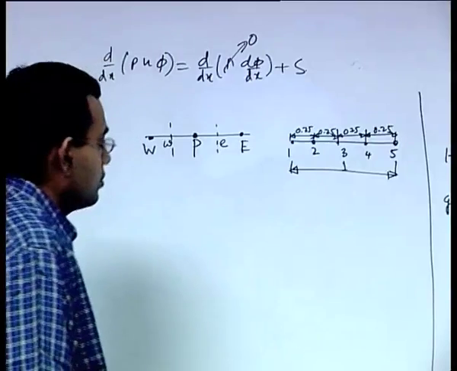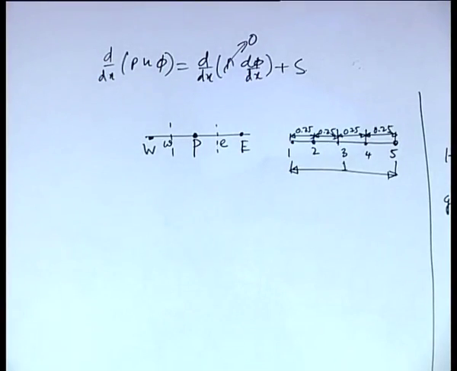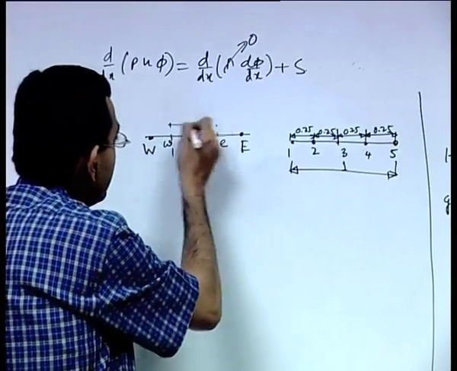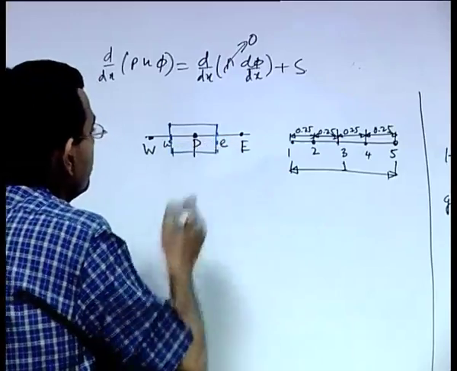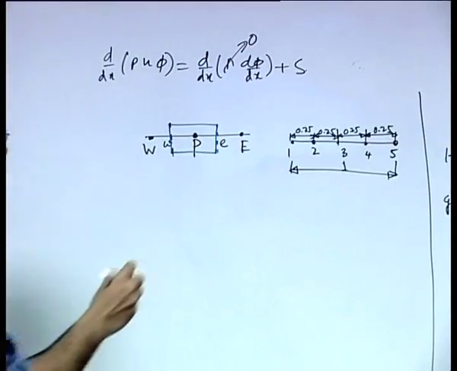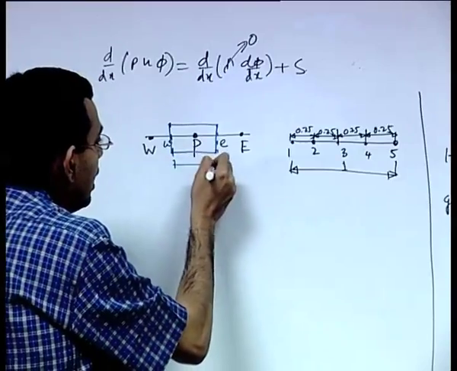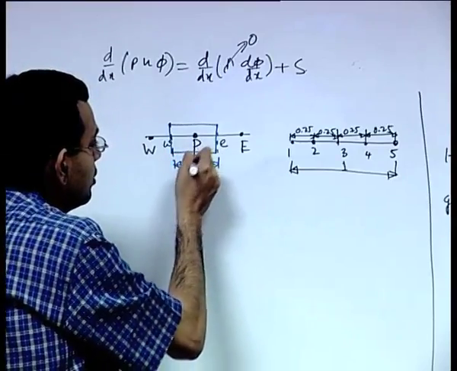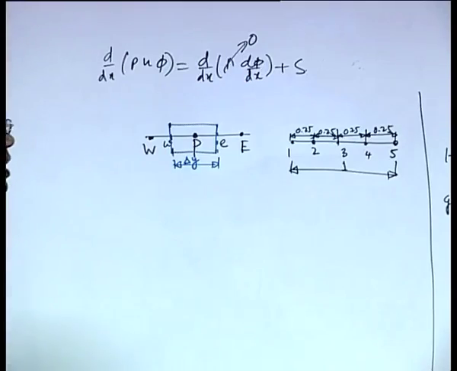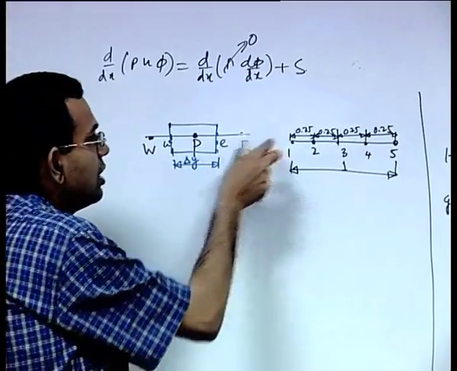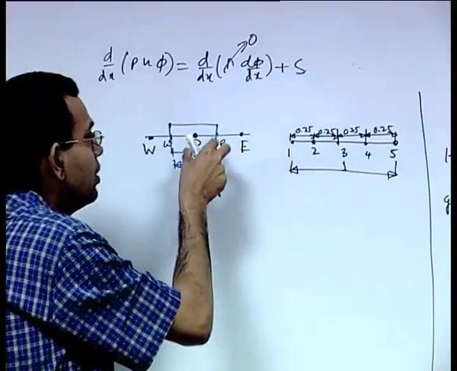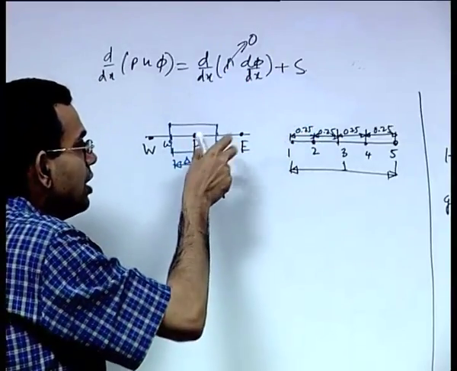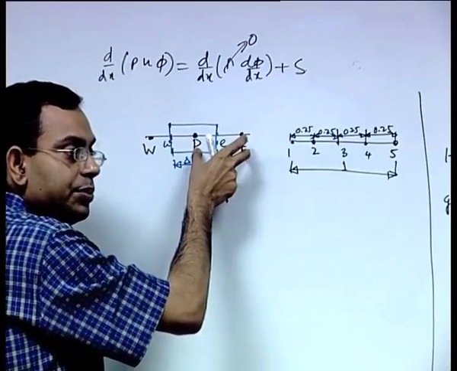Now what will be the first step in the finite volume method? We will integrate the governing differential equation over this control volume. The dimension of this is delta y. If it is uniformly spaced, then this delta y is same as this 0.25 if the control volume faces are located midway between the grid points.